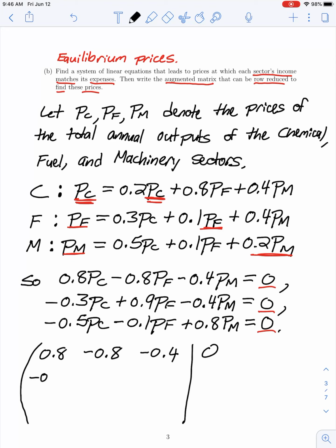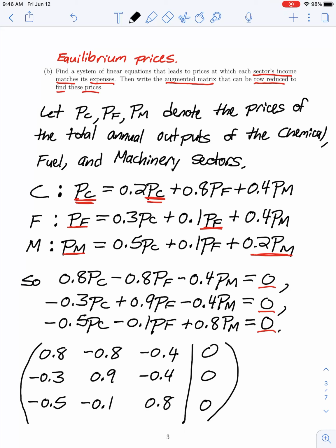For our second row, negative 0.3, 0.9, and negative 0.4, 0. And for our third row, negative 0.5, negative 0.1, and 0.8, 0.